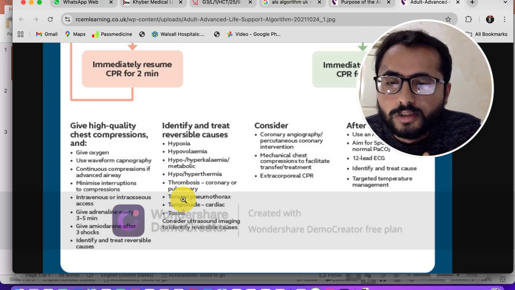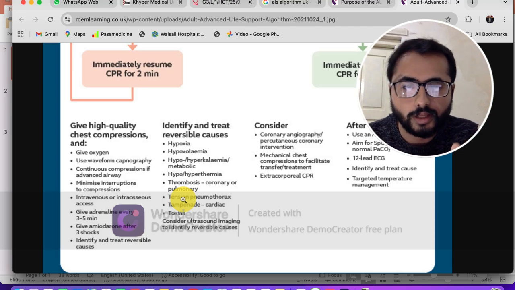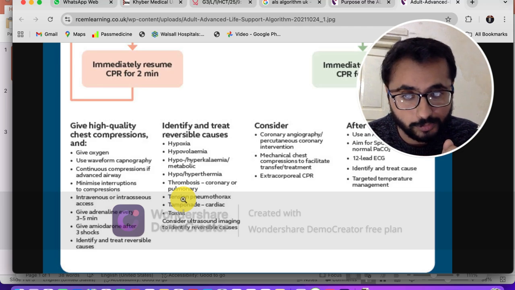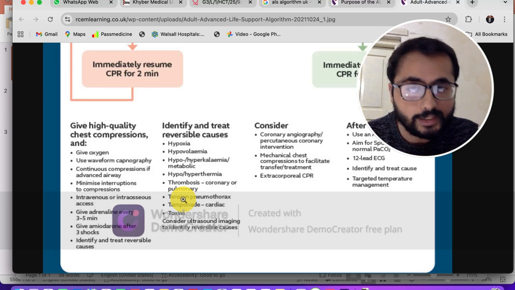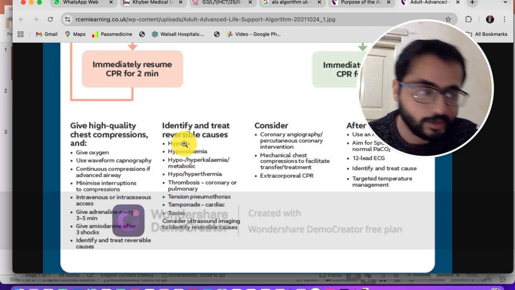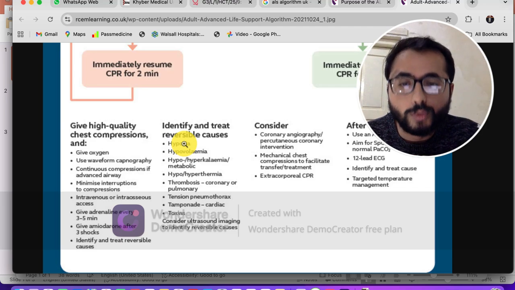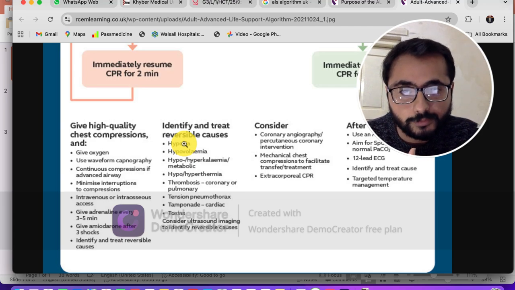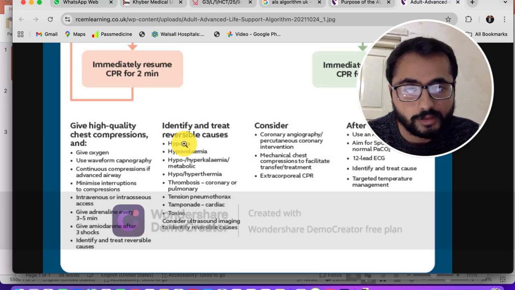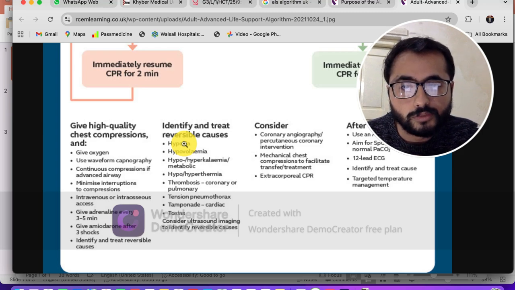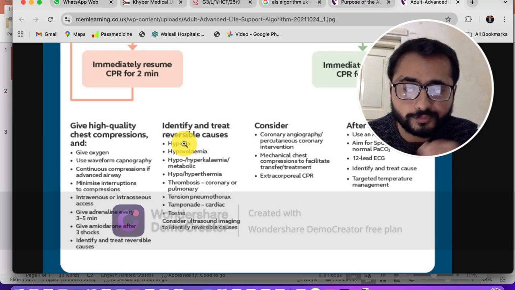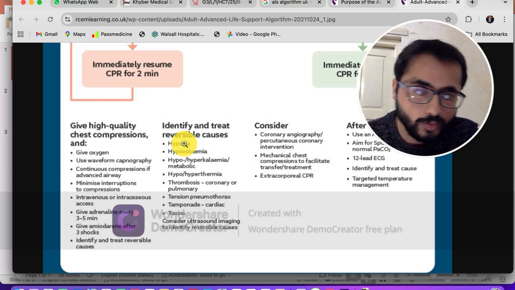Okay. So let's talk about this scenario in which the patient was admitted with COPD and his oxygen levels were low. So first of all, the first H is hypoxia, very likely. That is the main cause of the cardiac arrest in this patient, because his oxygen levels were very low. So we are going to be reversing it. How are we going to reverse it?